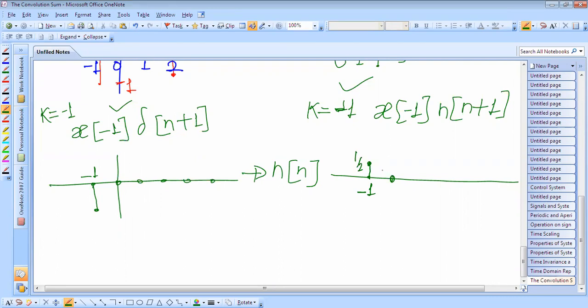Now we have shifted this by 1 unit toward the left, so half now comes at minus 1, and the others are also shifted by 1 unit. So at 0 now it is 1, at 2 it is minus half, and at 3 it is again plus half.